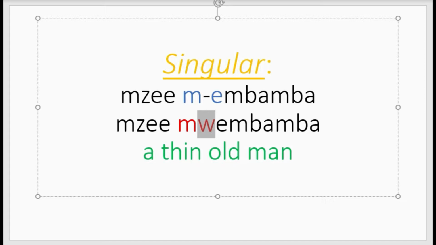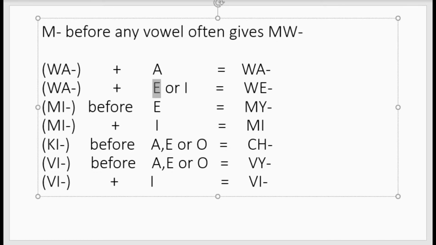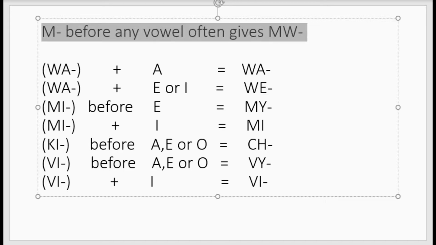Now coming back to the rule that we just learned: the m before any vowel often gives mw.